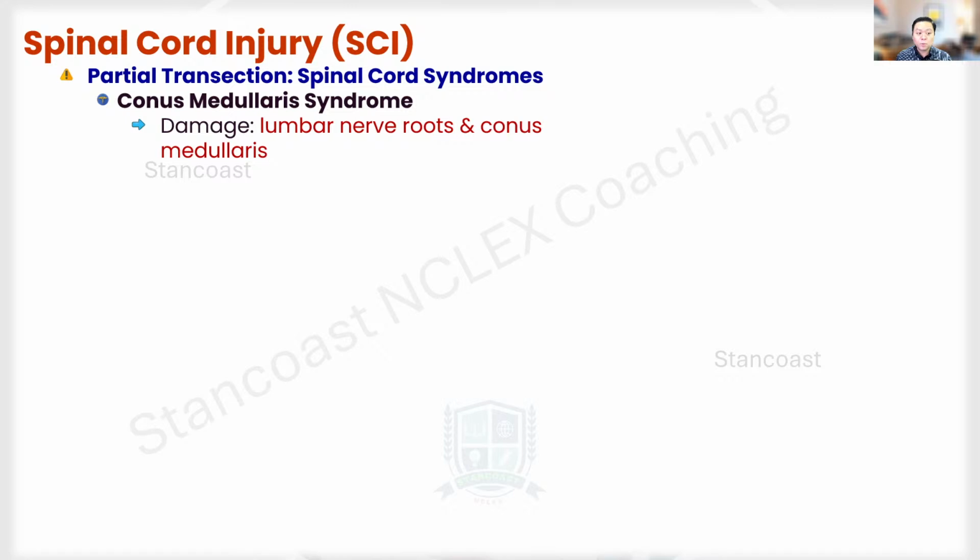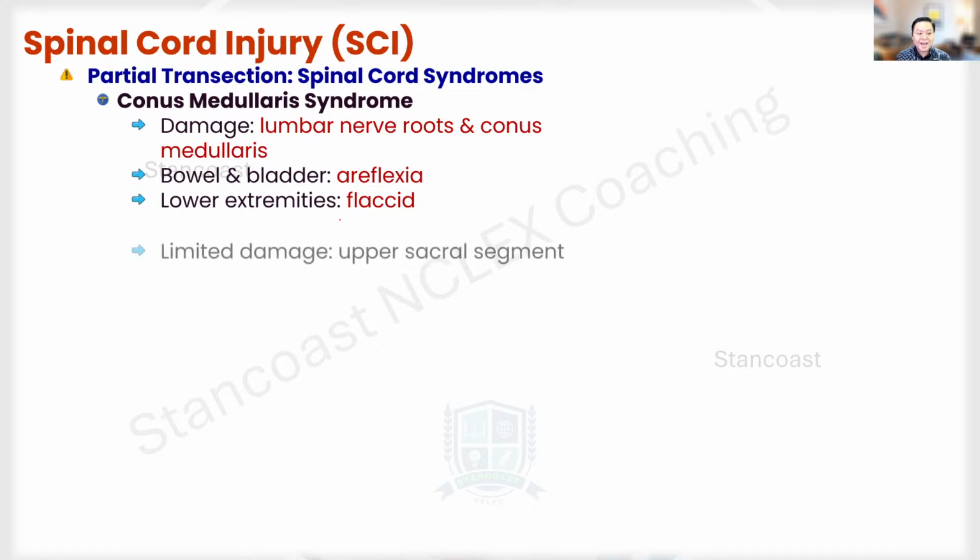And when we have this type of patient, the bowel and the bladder function will be impaired because it will affect the nerves that control the bladder, the bowel, and also the legs. So we will expect that the patient's lower extremities this time will be flaccid. And so when we're taking care of this patient, you will find this patient really has difficulty controlling their bladder, their bowel, and also the movement in their lower extremities. They are going to remain flaccid.